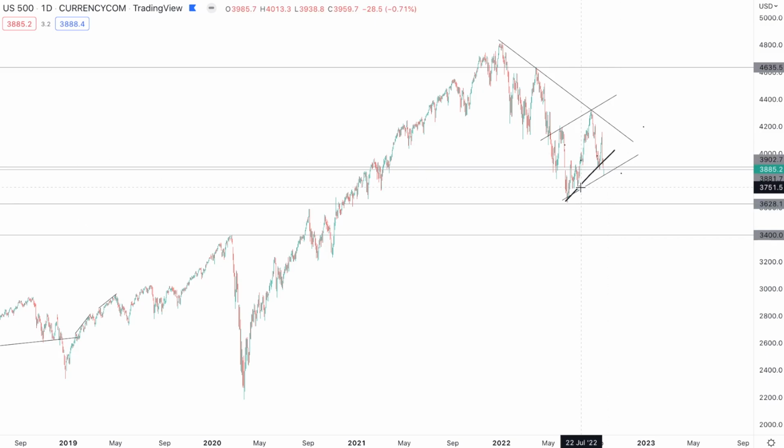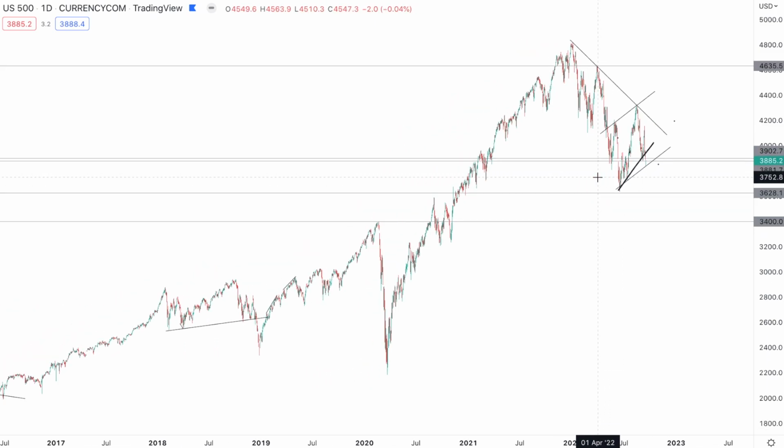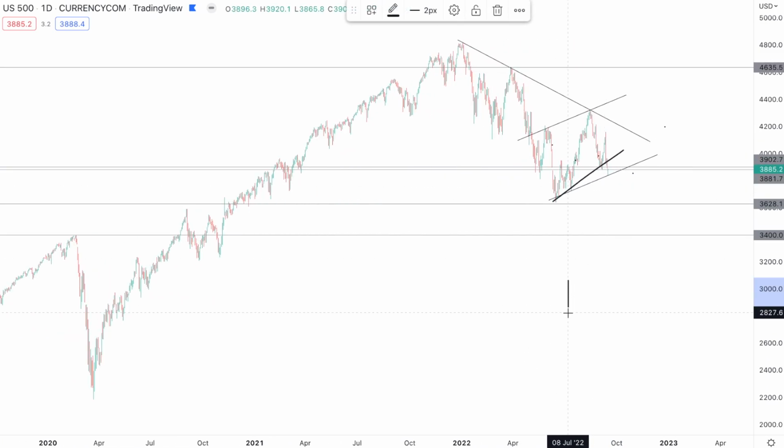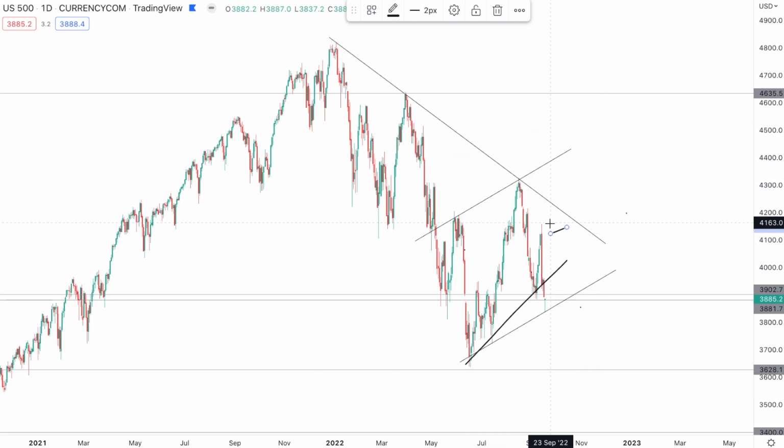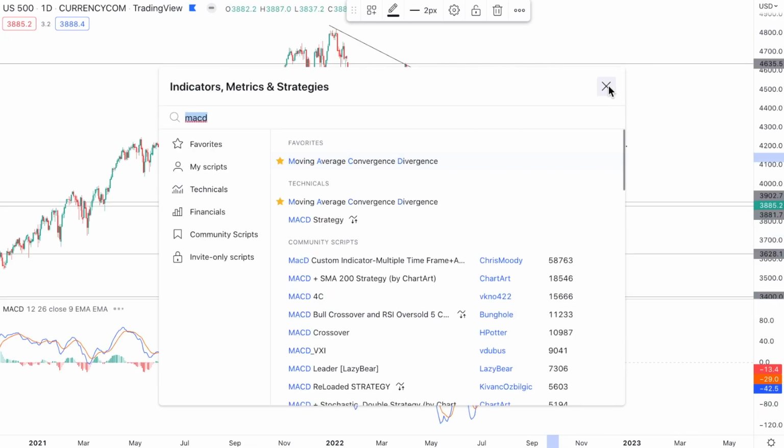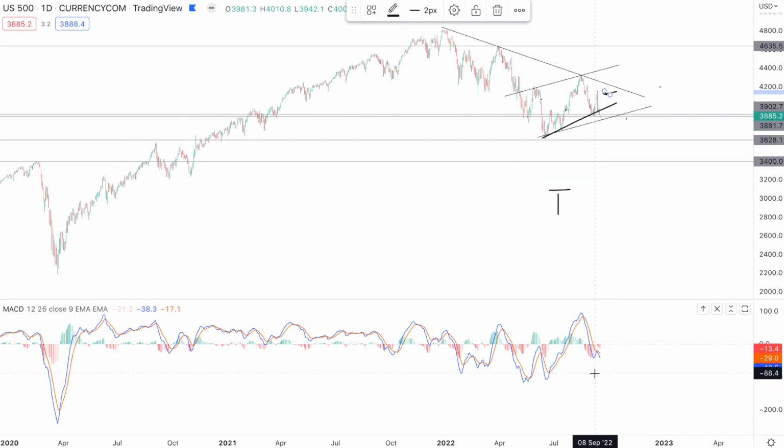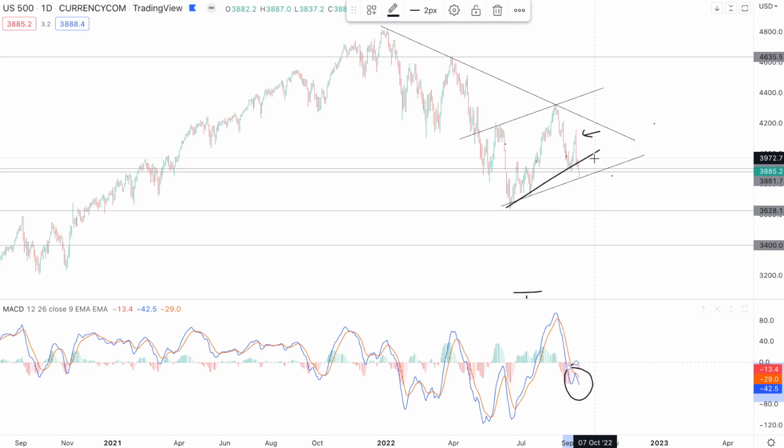Now let's try and put things into perspective here. Let's try and dissect what, first of all, the technicals are saying right now, and then also briefly discuss what this data release means for the market. Now, another important thing to mention from a technical standpoint, just focusing purely on the technicals here, is this rejection right here on the MACD.